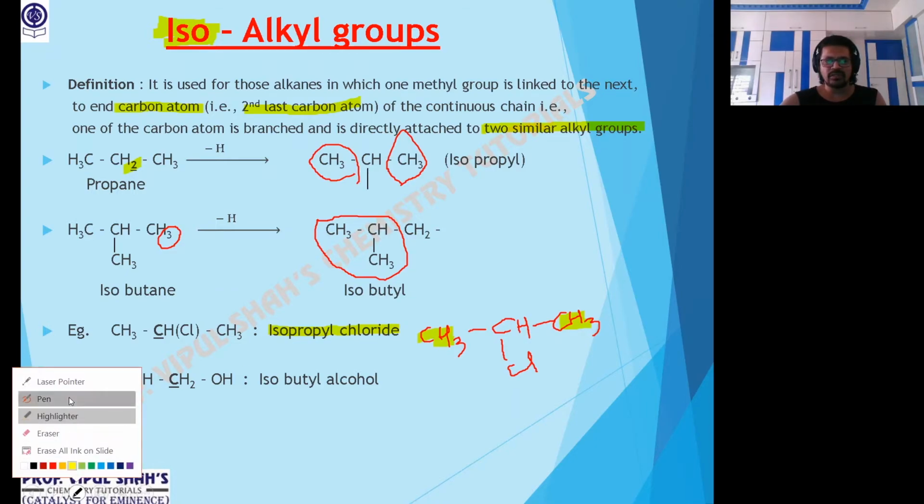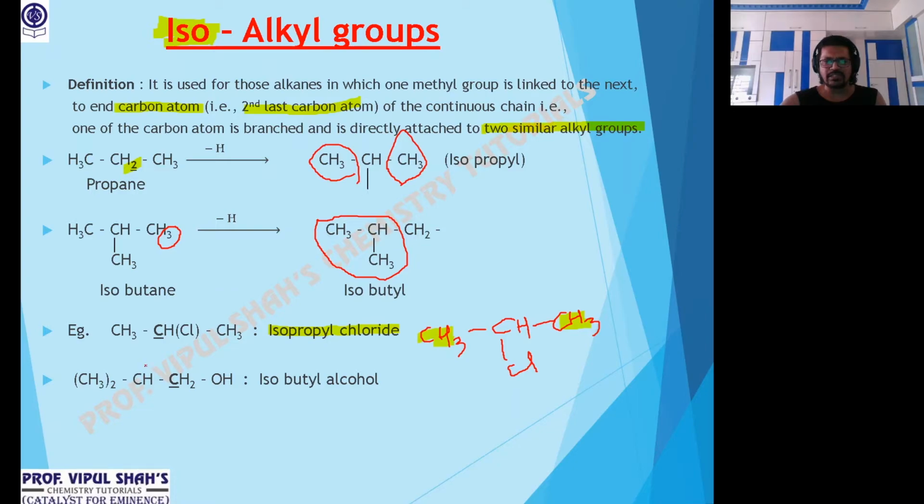What's given over here? Look at that. CH3 twice CH. So this CH is the one whose valency is short. So first, I will put CH. How many valencies are short? Three are short because one is H. CH3 twice. That's the condensed formula. So two methyl groups are there. One, two.